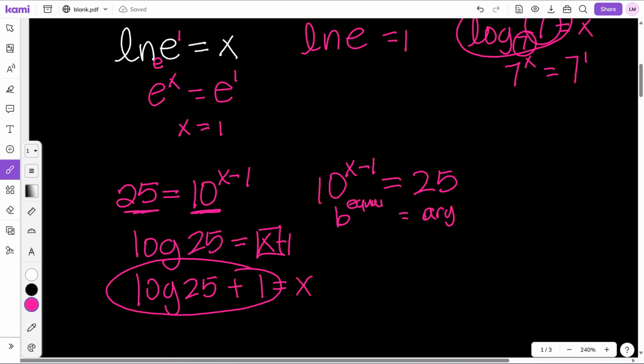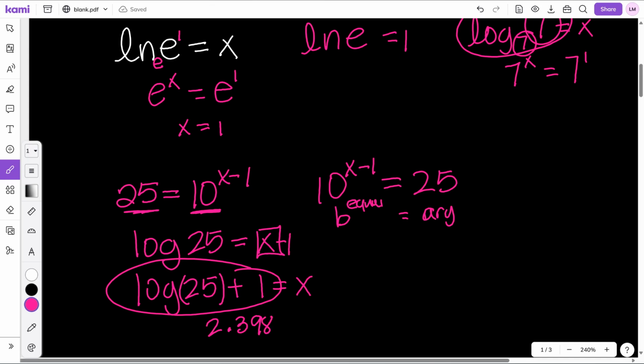So log 25 and then plus 1. It'll probably throw a parenthesis on here, so we can just parenthesis the 25 because we don't want the 1 in there. So log base 10 of 25 and then plus 1. You should get 2.398 when you round to the nearest thousandth.